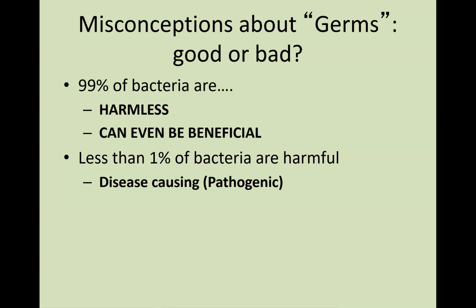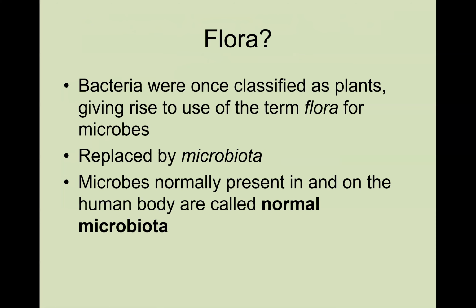Infectious mononucleosis, or mono, is due to the Epstein-Barr virus. Bordetella pertussis causes whooping cough, or pertussis. Those agents are pathogenic. They can cause disease. But again, we're going to help dispel some of those misconceptions about germs and start thinking about some benefits and not just the bad.